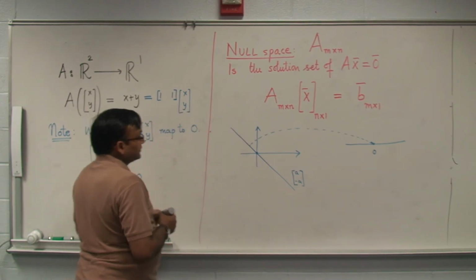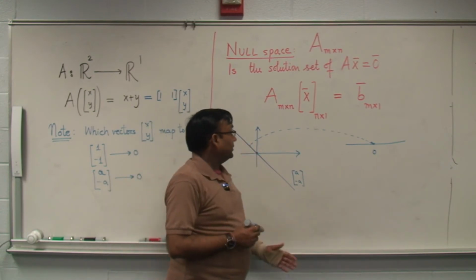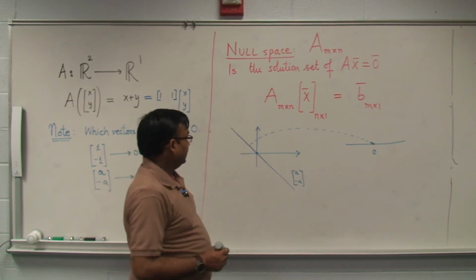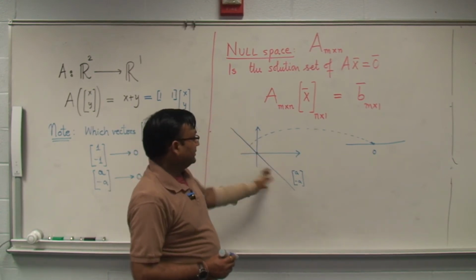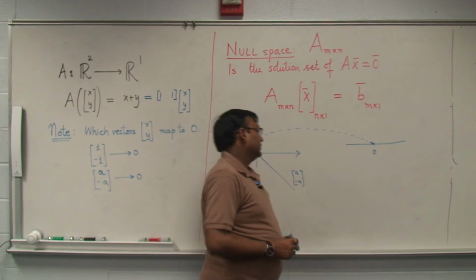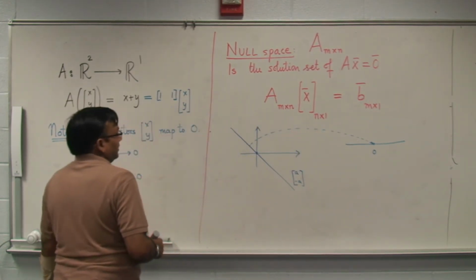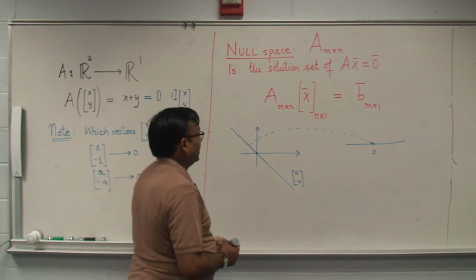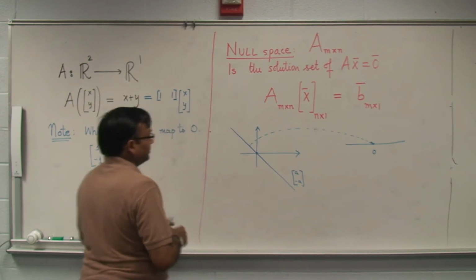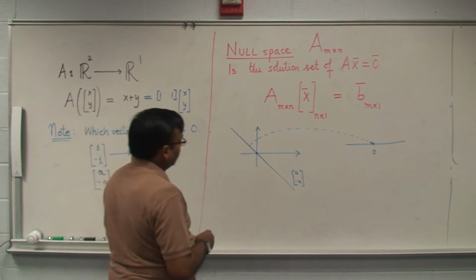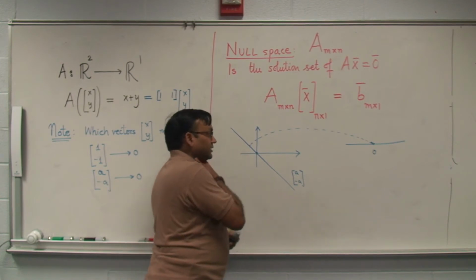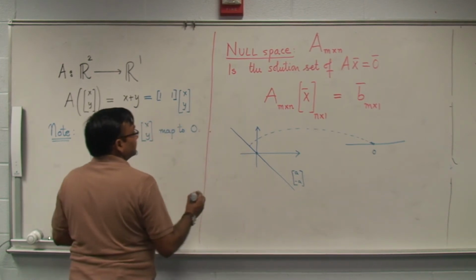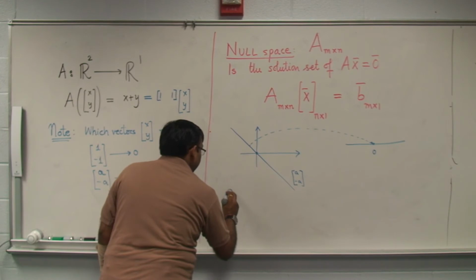Now, this is what we call the null space of my matrix A. All those vectors in Rn which map to the 0 vector, we will call the null space. So here's an alternate description of null space.